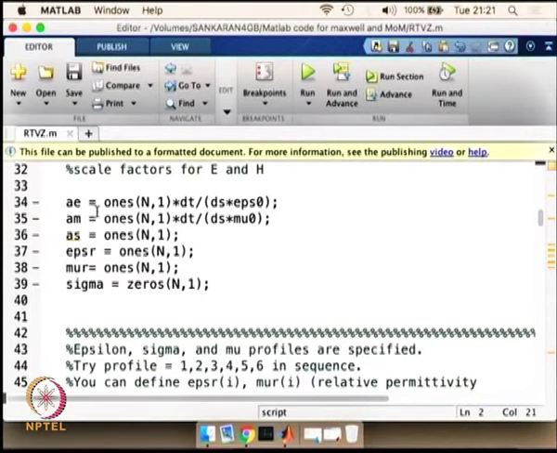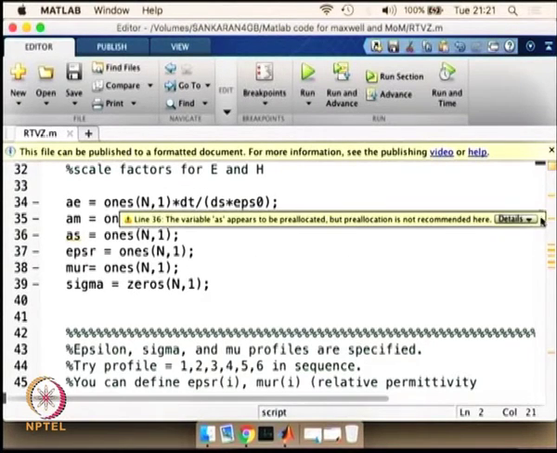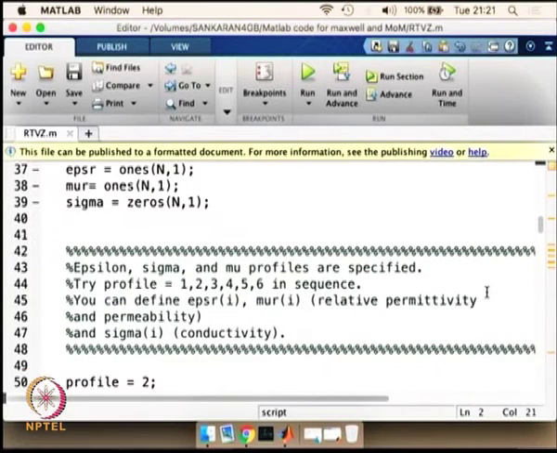Similarly, you can also derive the way for AE, which is the electric term, which will have epsilon instead of mu. The other ones, mu r, epsilon r, are all kept to 1 because we are talking about free space, and sigma is going to be 0 as well, and we can change the value of epsilon, sigma, mu profiles as specified here. We can try different profiles.